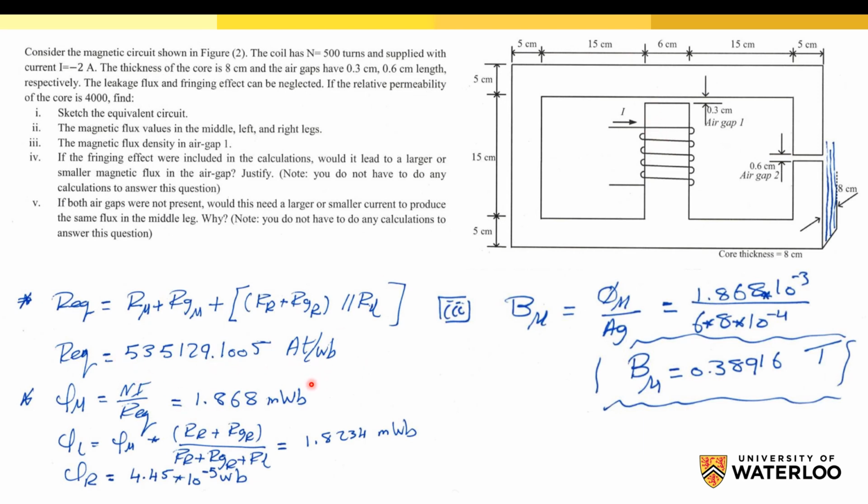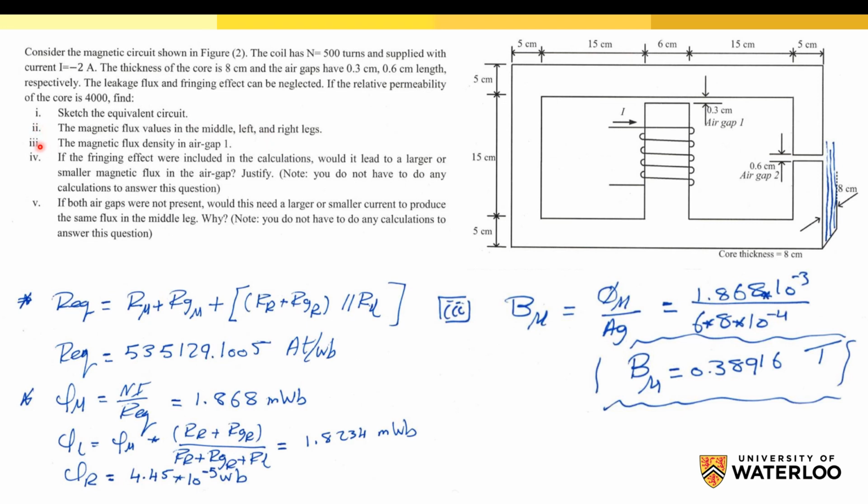Okay, after that we can calculate the middle flux, which is the magnetomotive force in this coil over the equivalent reluctance. After that, as we did in the previous question, we can use the current divider rule to calculate the left flux and the right flux. So this is for part II.